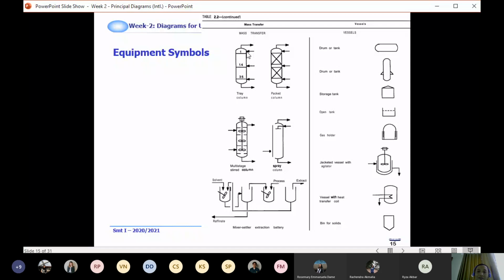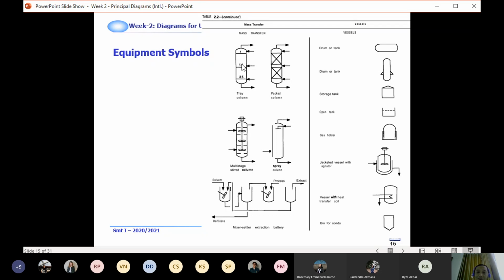important. Tray number 1 is important because it receives the recycle from the condenser, sometimes called the reflux. So the reflux comes to tray number 1. And why tray number 14?